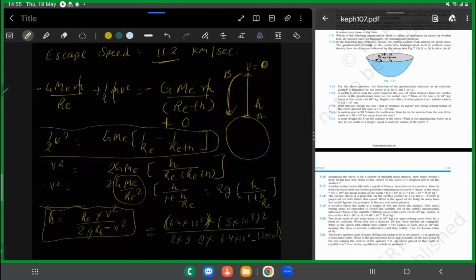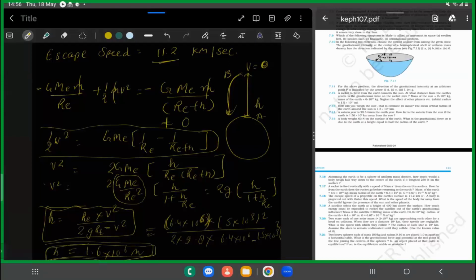This is a simple calculation. If we solve the above expression, the height comes out to around 1.6 × 10^6 meters. This is the tentative height that we get finally, above the surface of the earth.